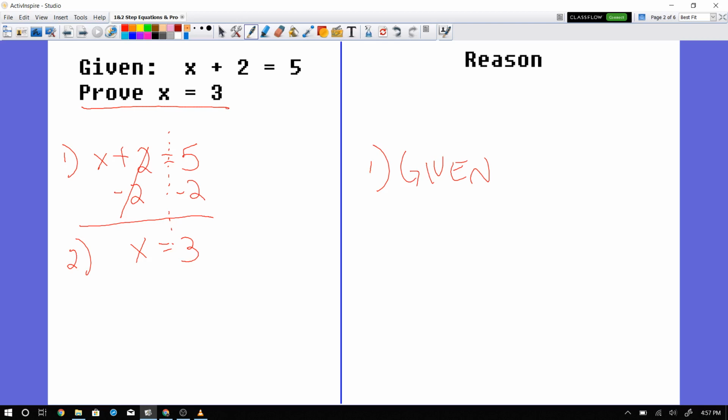Cool, we got the same answer. Now, the way that we got that answer was looking at the minus 2 on both sides, and that we did it to both sides. So that number 2 is going to be the subtraction property of equality.